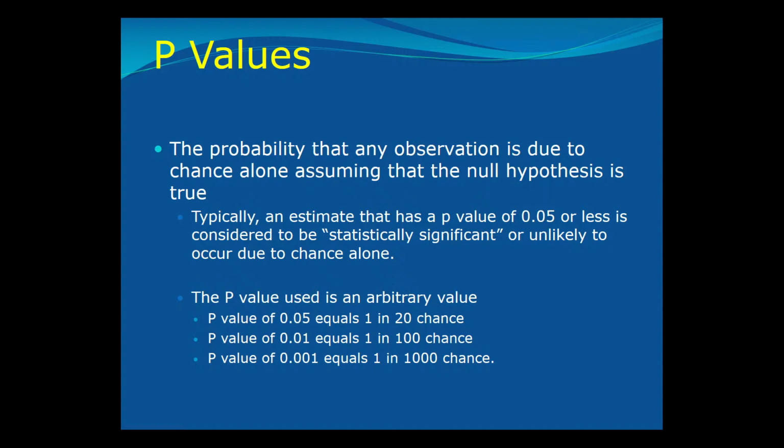The p-value threshold used is an arbitrary value. A p-value of 0.05 equals 1 in 20 chances. A p-value of 0.01 equals 1 in 100 chance. A p-value of 0.001 equals 1 in 1,000 chance.